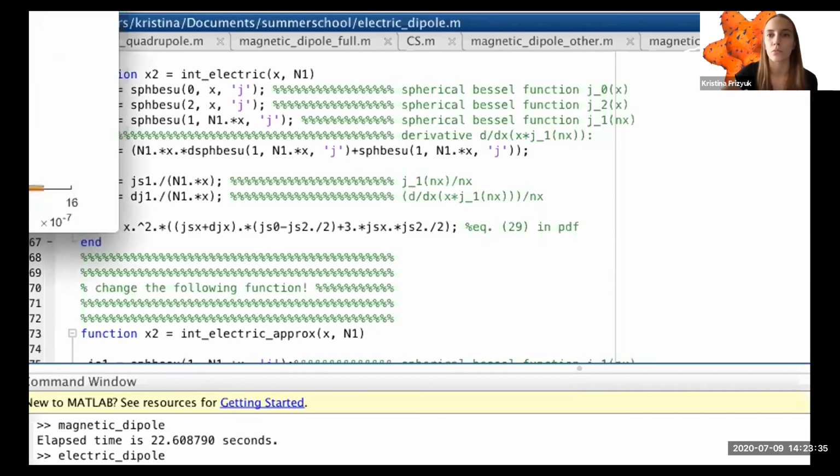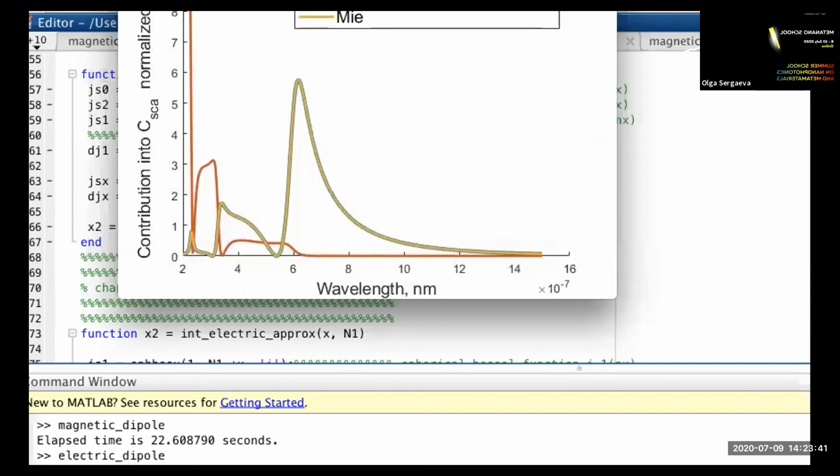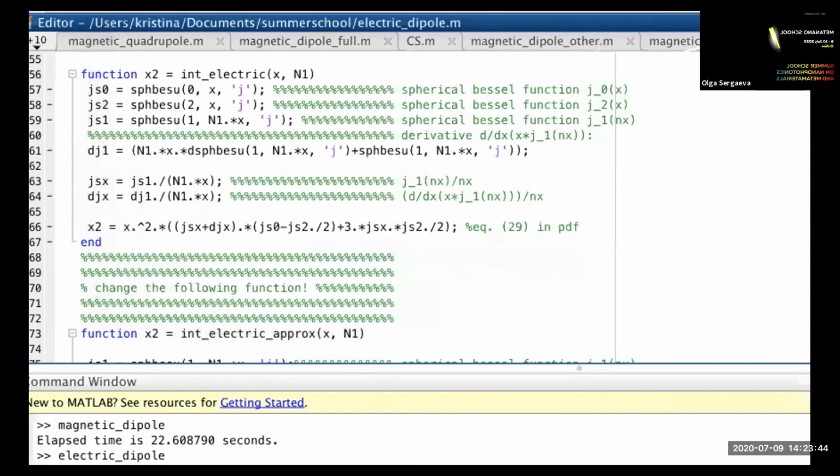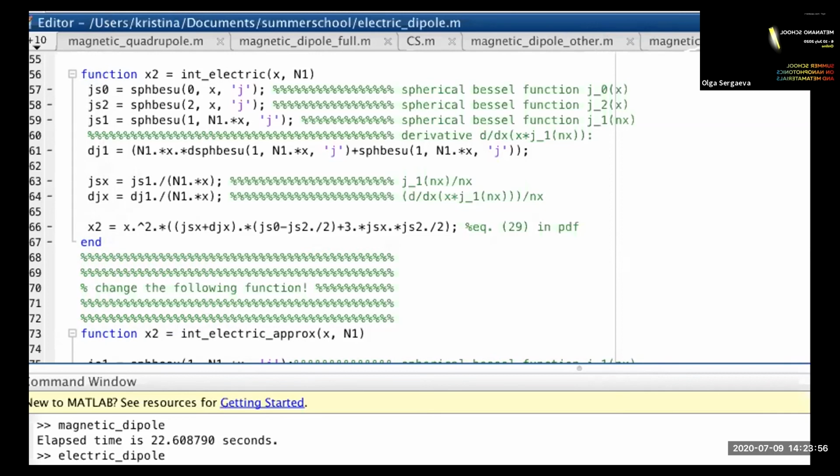You have 2 more files, and I think I'm out of time. Yes, we actually have 3 minutes out of time. Okay, so we can just move further after the coffee break, after the lunch, I think. Well, thank you very much, Kristina, and thank you everyone for active participation.